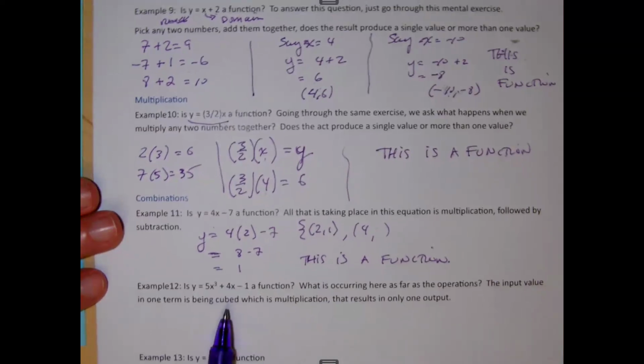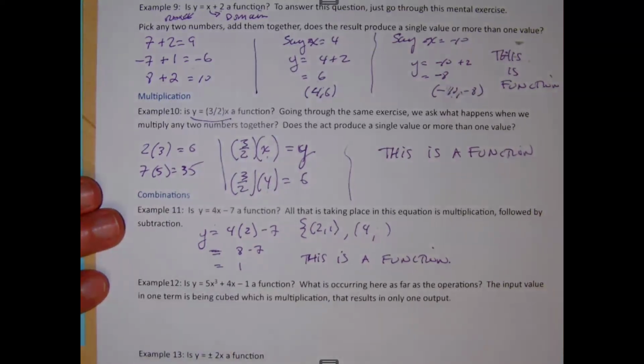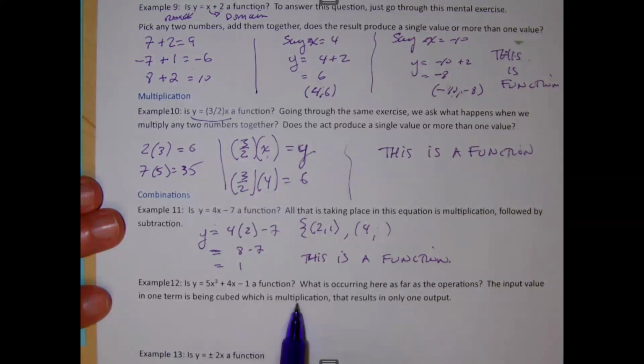What about this one? Okay, well, now it looks more complicated, but what am I really doing? Example 12 is y equals 5x cubed plus 4x minus 1. And is that a function? Again, just look at the operations. The input value in one term is being cubed, which is multiplication. The result is only one output. So when I put a value here, I get cubed.